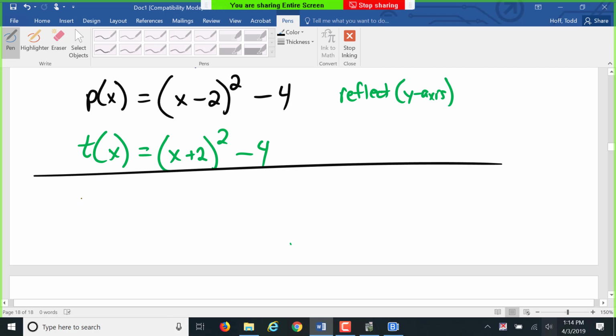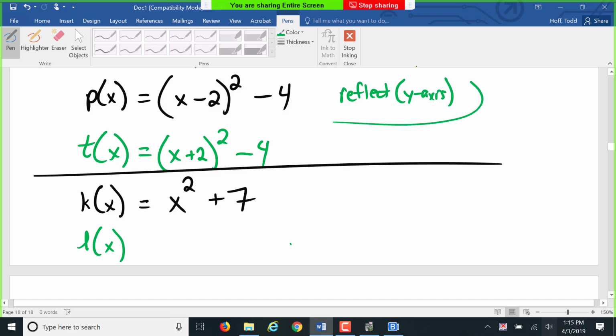What if k of x equals x squared plus 7? Find L of x, which again is the reflection about the y-axis.